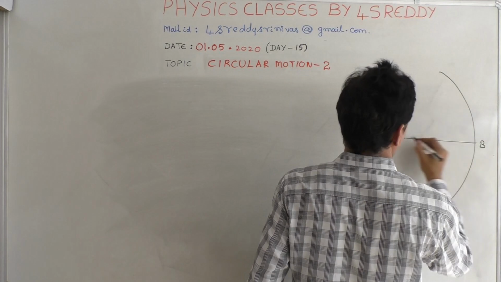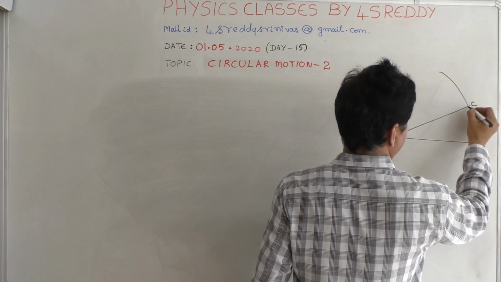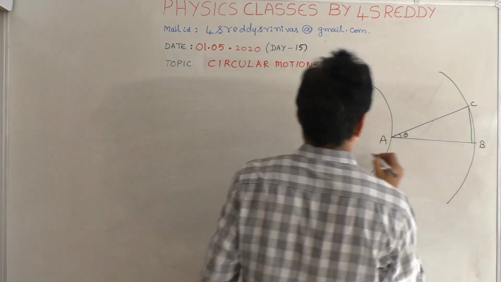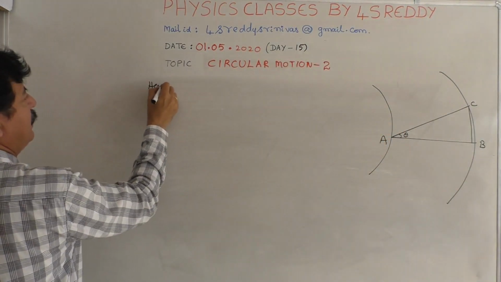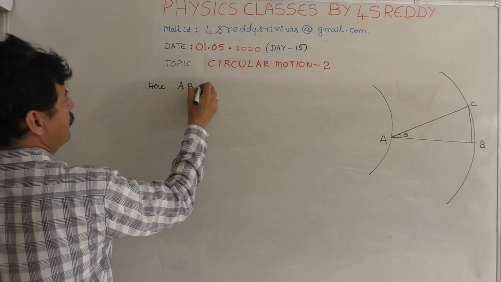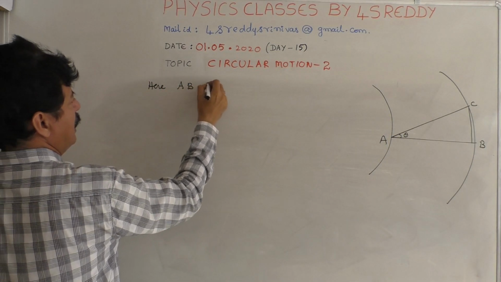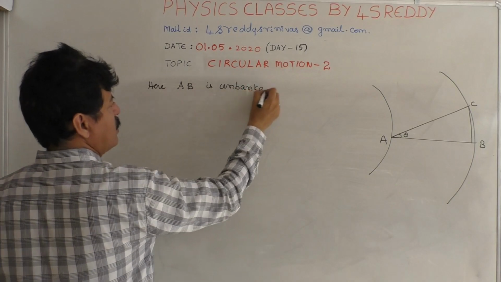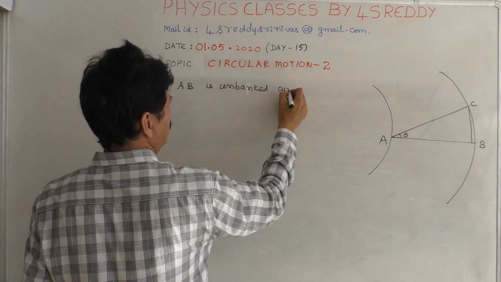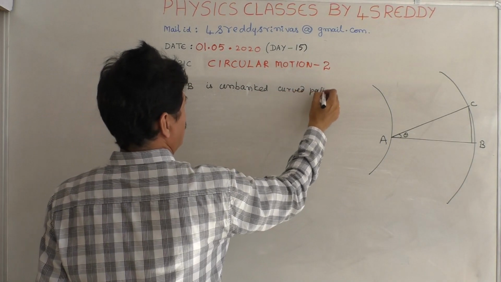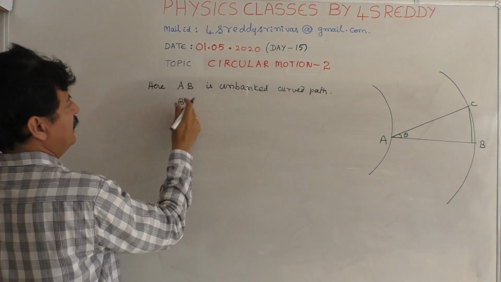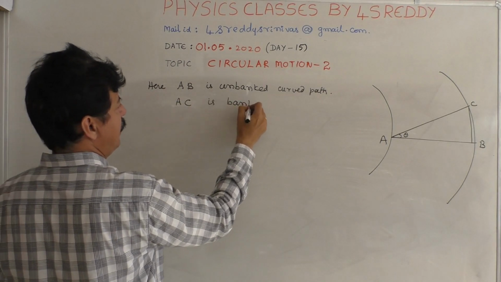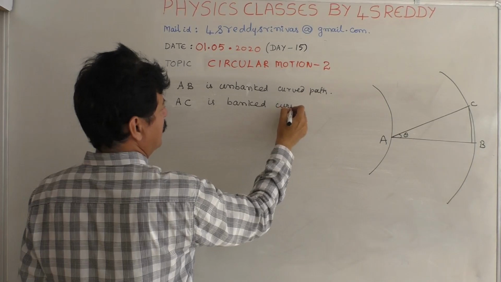AB is the unbanked curved path. AC is the banked curved path.